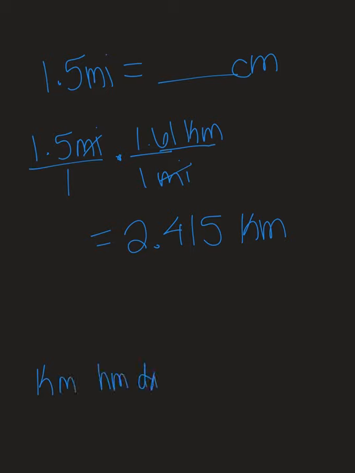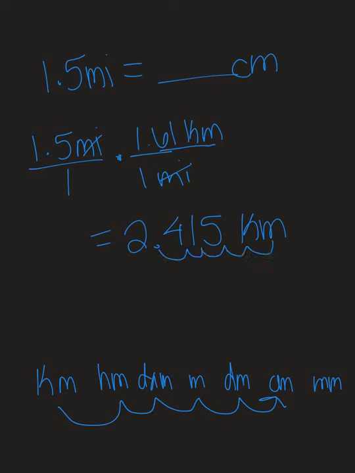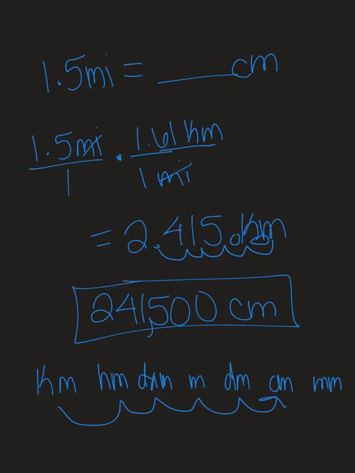Meter, decameter, meter, decimeter, centimeter, millimeter. Okay, so we're moving from kilometers down to centimeters. 1, 2, 3, 4, 5. We're going to have to add some zeros in here. So that's 241,500 centimeters in 1.5 miles.